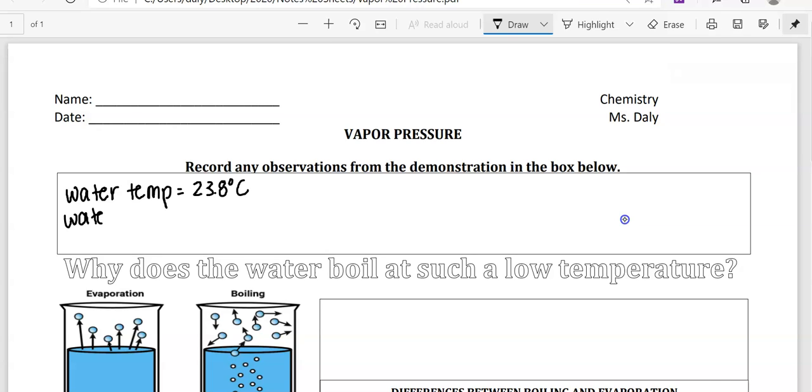Water should boil, and again, should boil at 100 degrees Celsius.